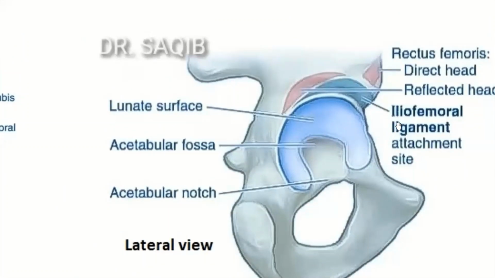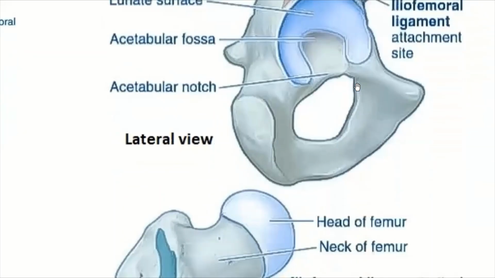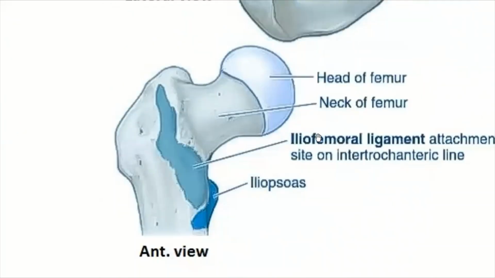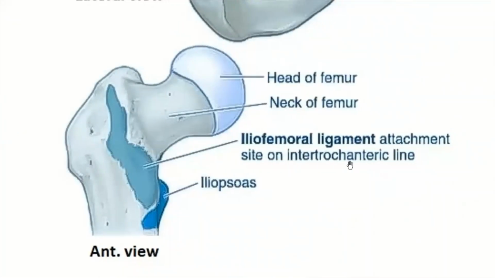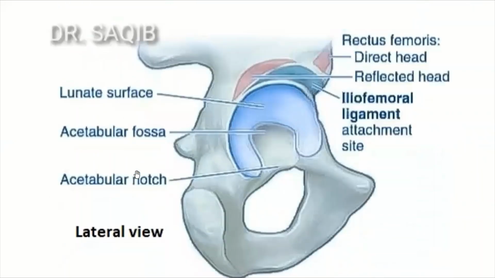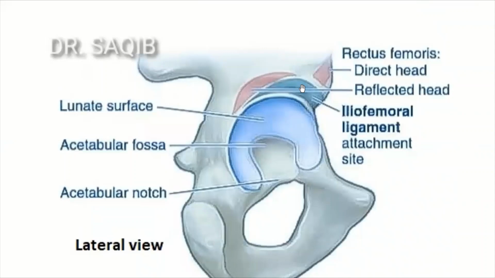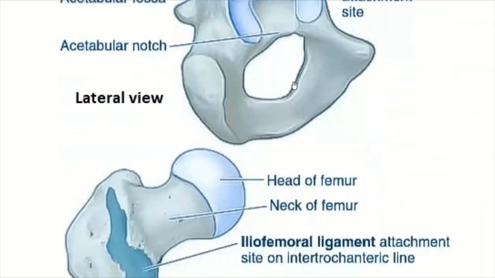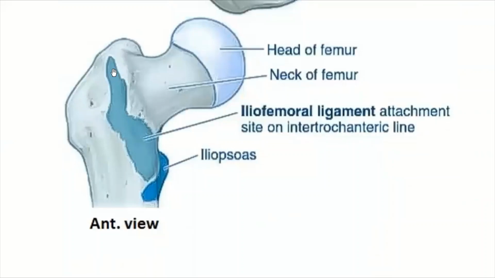This is the iliofemoral ligament attachment here, right? This is the iliofemoral ligament in blue. Here as well, you could see the iliofemoral ligament attachment site on the intertrochanteric line, right? This is the proximal attachment of the ligament above the acetabulum, and this is the distal attachment to the intertrochanteric line.